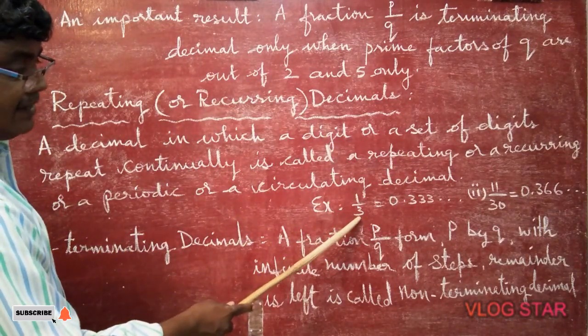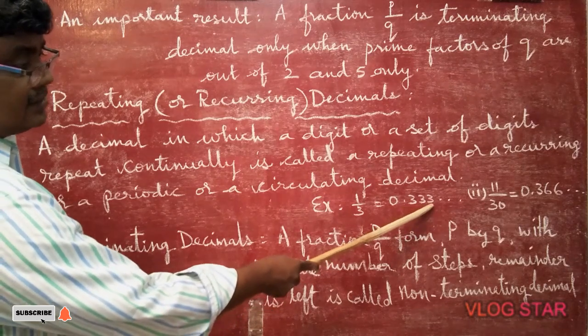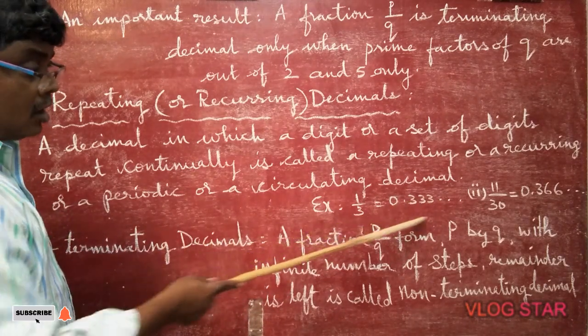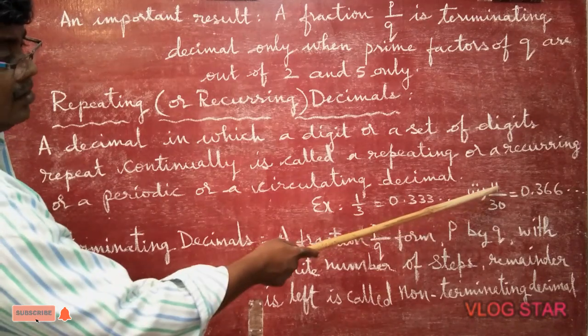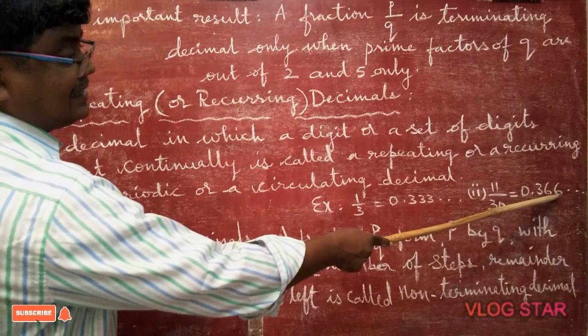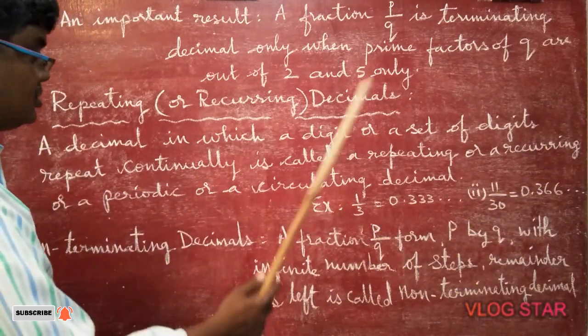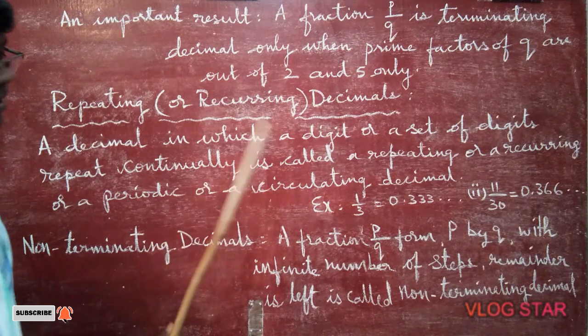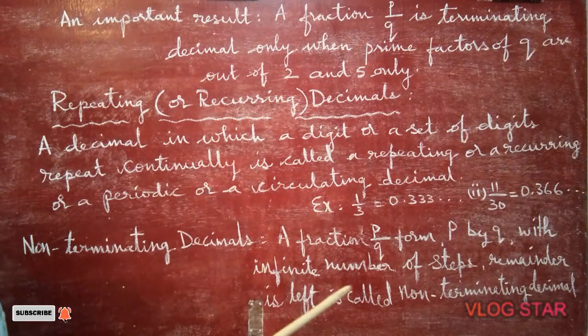Example, you see 1 by 3 divided gives 0.333, there is no end, so on. So on indicates recurring. Here also see 11 by 30, 0.36 is repeating. So these are called repeating, recurring, periodic, circulating decimals.